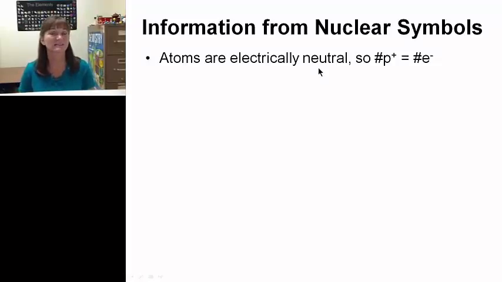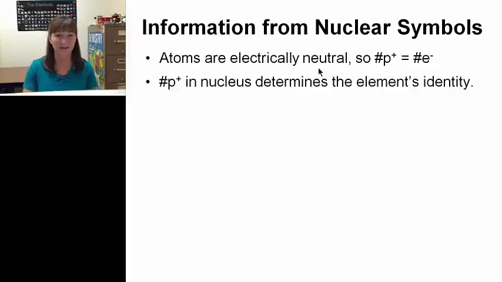So if I ever ask you for the nuclear symbol of an atom, that's going to imply that the number of protons equals the number of electrons. So atoms are neutral, so their protons equal their electrons. That won't be the case in a few more slides, when I'm going to teach you about ions. And ions do have a charge, so that means their protons and electrons won't be the same. But if you hear me say the word atom, that implies that they're the same and they're neutral.